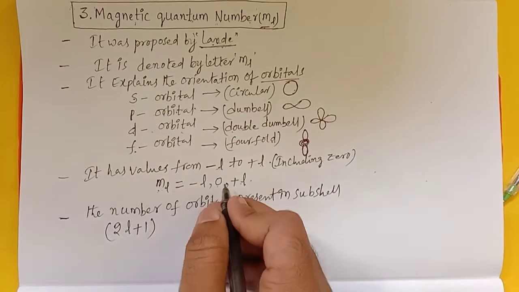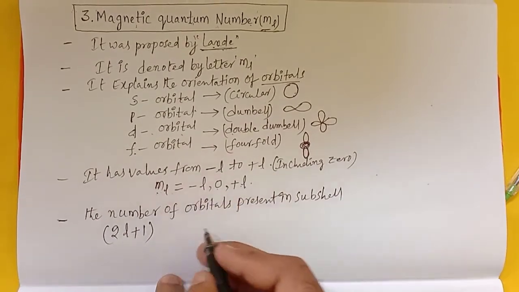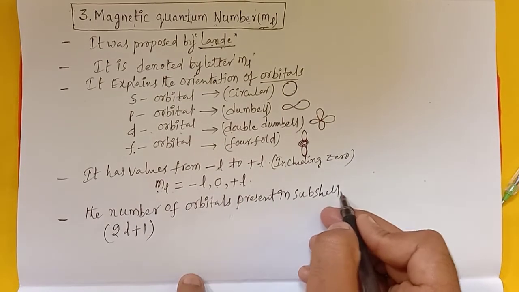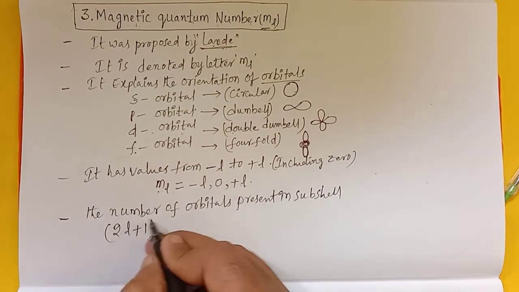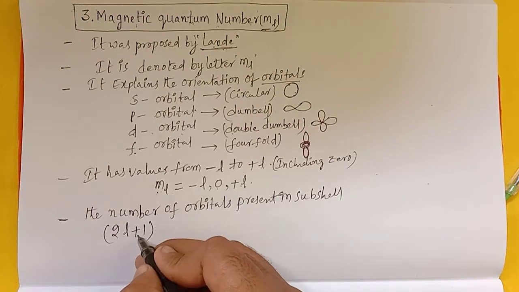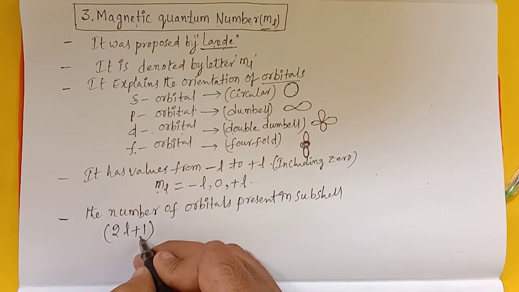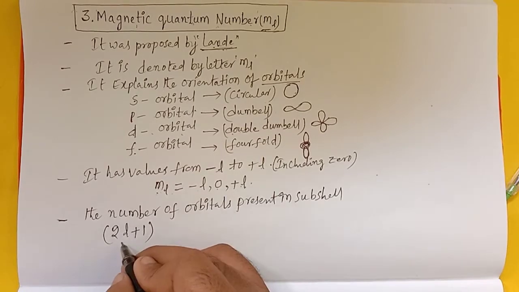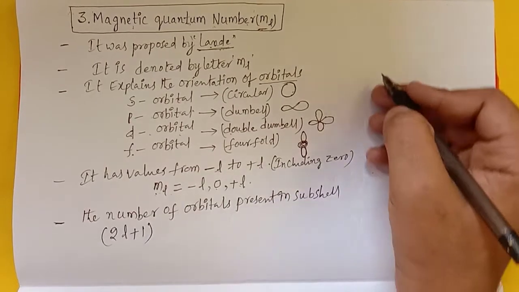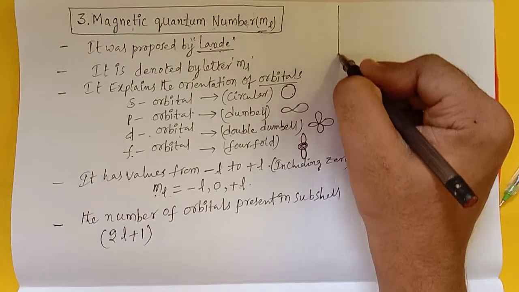This is the formula to calculate the number of orbitals present in a subshell. So let us calculate using 2L plus 1.